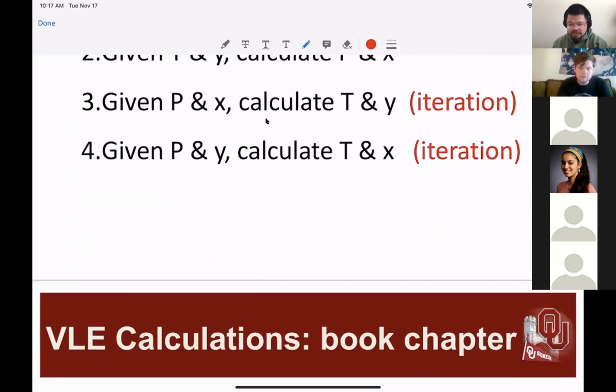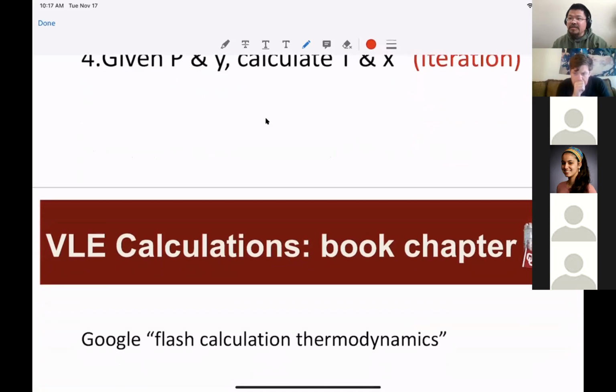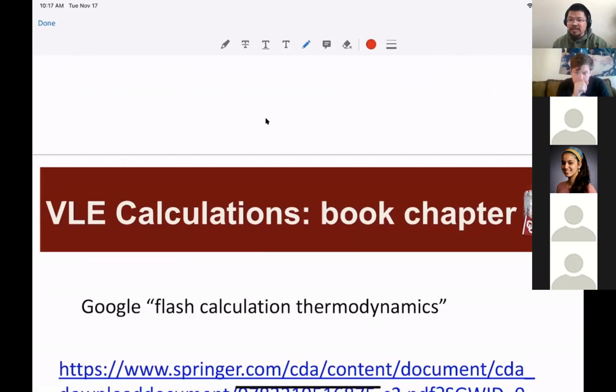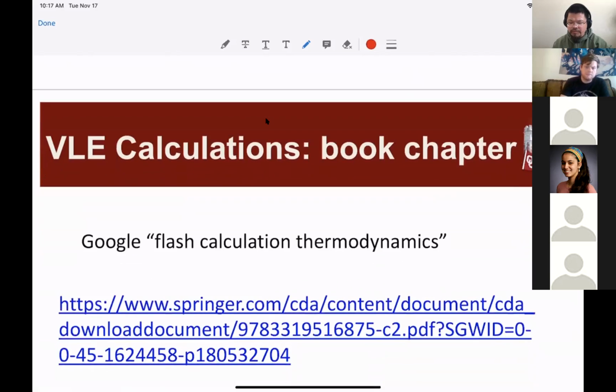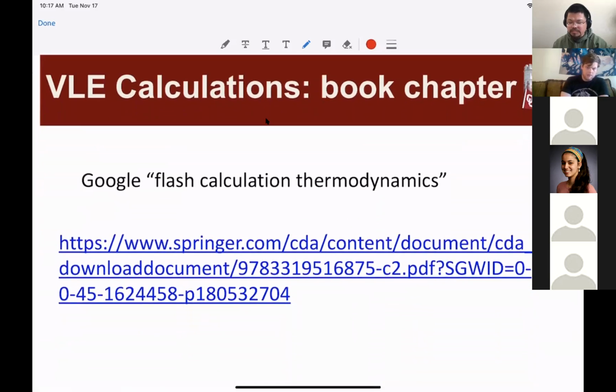So let's save the flash calculation for our Thursday lecture. But here I want to quickly go over a few things with the class.